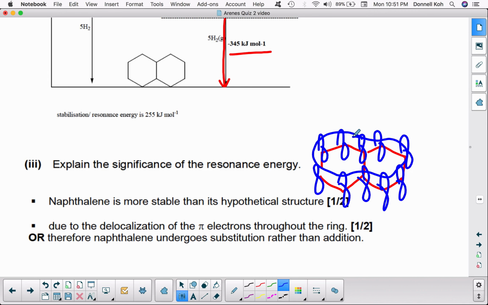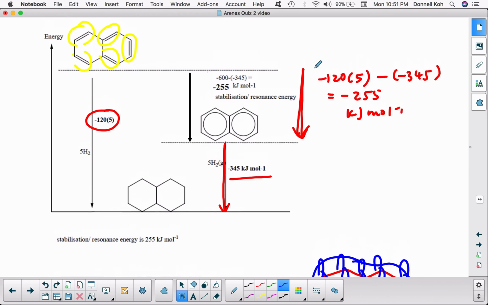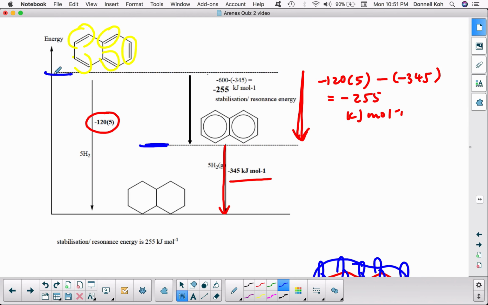So because of the delocalization of the pi electrons throughout the ring, it makes naphthalene have a more stable structure, and we say naphthalene is actually resonance stabilized. So you can see from the diagram, naphthalene actually has a lower energy than the theoretical structure.